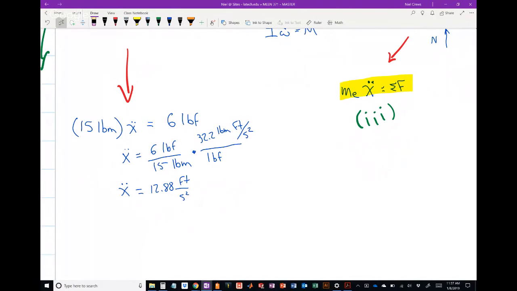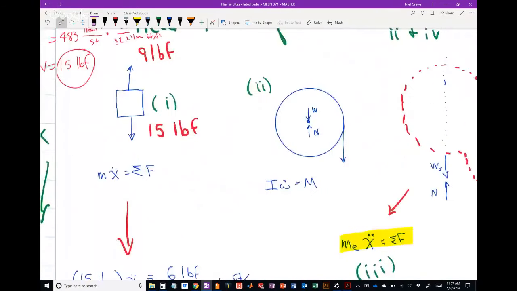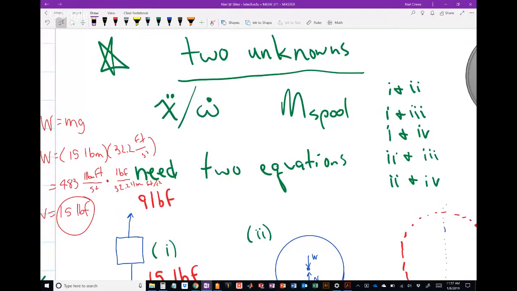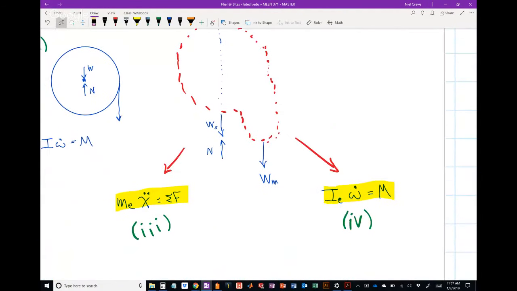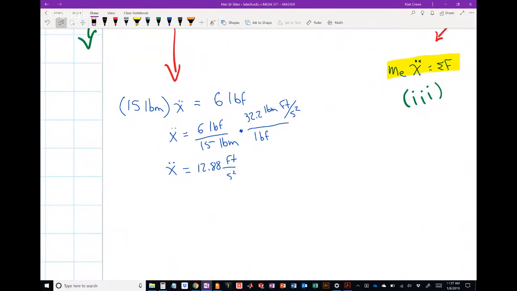Now we could very easily, and this is kind of part of the lanyard, say, wait a minute, if the mass is moving that fast, then that spool, we can easily calculate what that angular acceleration is. The angular acceleration is going to be linear acceleration divided by this radius r.